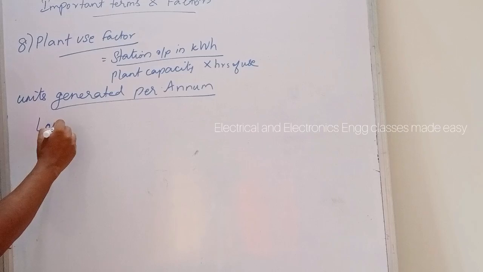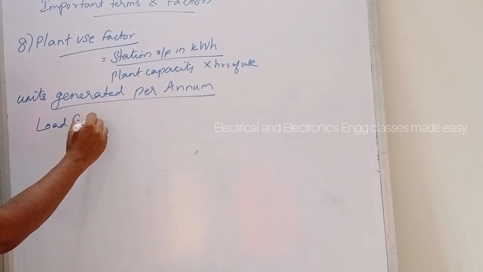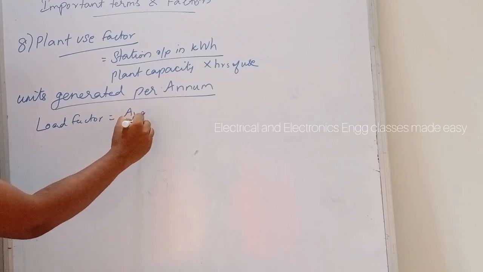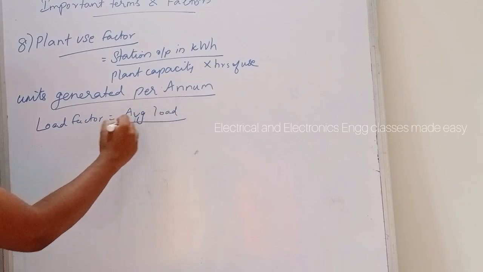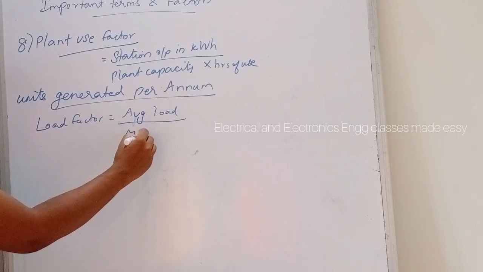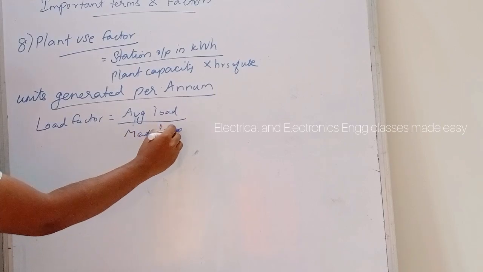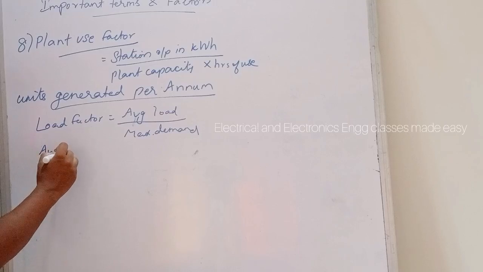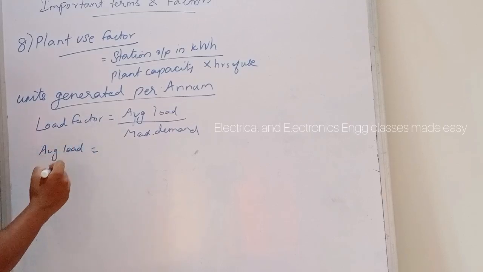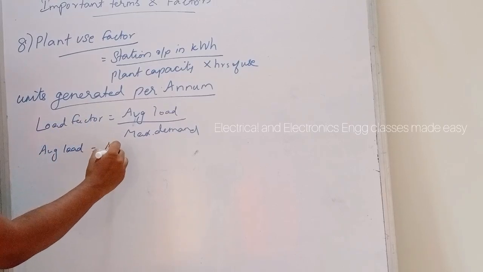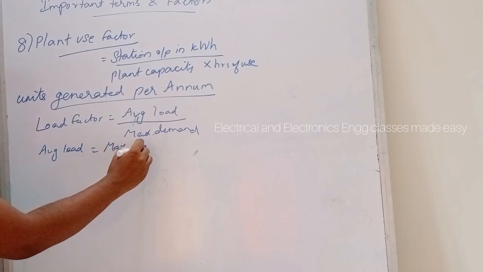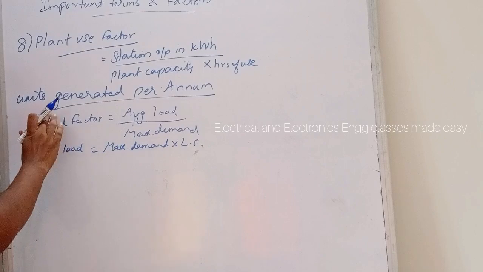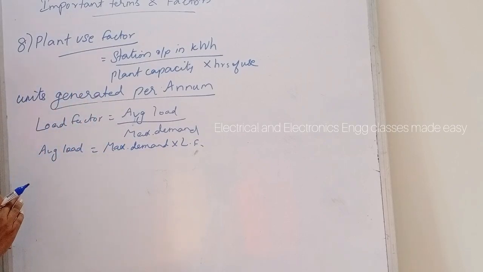So we have load factor is equal to average load divided by maximum demand. Then we can write average load is equal to maximum demand into load factor.